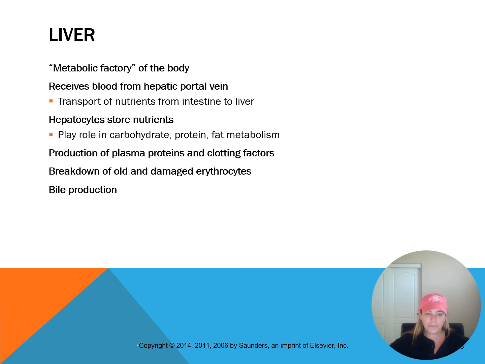The cells in the liver also have a storage capacity. It stores carbohydrates and protein, and it is involved in fat metabolism. It will keep the carbohydrates and protein in storage until they're needed for use in other areas.